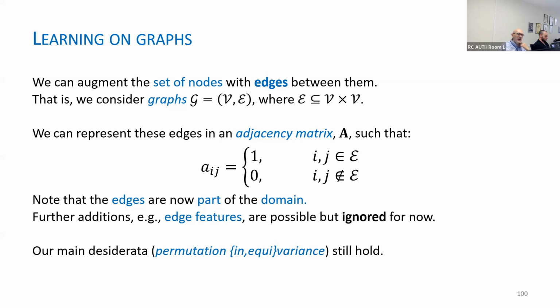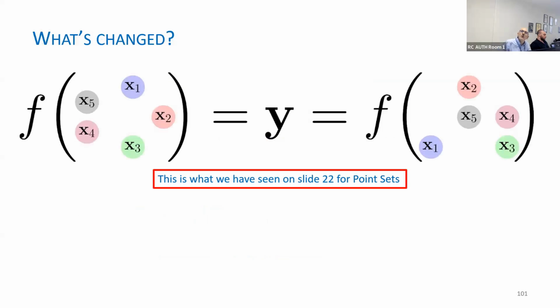And so again, here we have a link with what we have seen in the first part of the tutorial, because also in this case, our main desiderata are the same. So again, we want permutation invariance or equivariance. Also in this domain, we would like to achieve this invariance. This is a parallel with what we have seen for point sets.